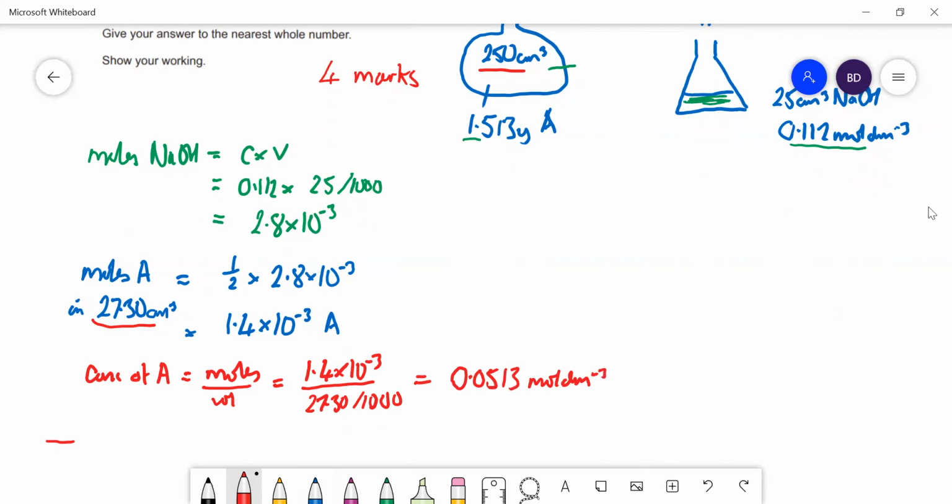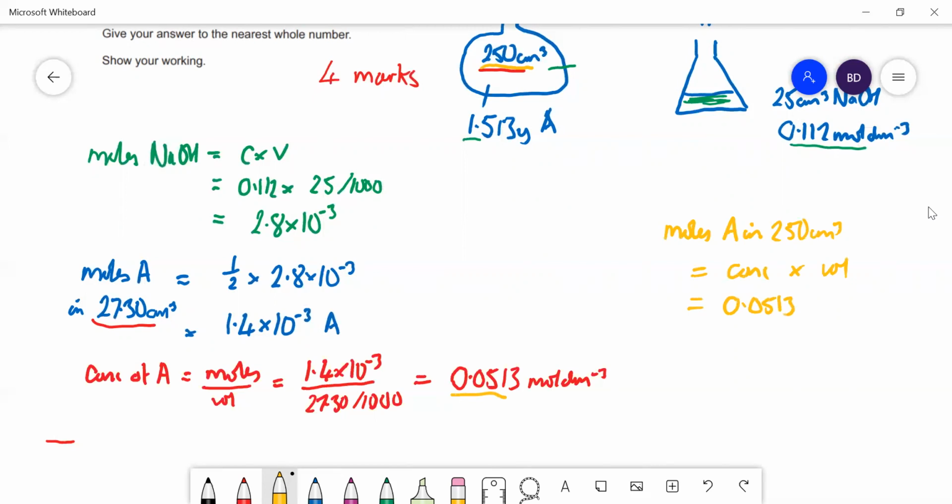Now we need to find out how many moles we have got in this 250. So let's write that down. So moles of A in 250 centimeters cubed, that's equal to the concentration multiplied by the volume, which is 250. The concentration is this, 0.0513.